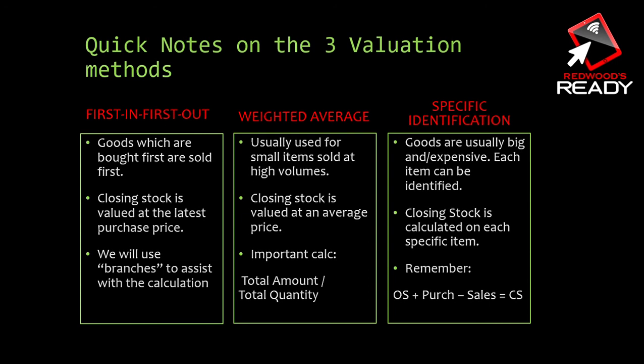Because surfboards are quite big and expensive, and also in a surf shop, they don't keep hundreds of them. They're probably only about 30 in stock at the time. Something like specific identification could be used. So closing stock is calculated on each specific item. And an important calculation to remember is opening stock plus purchases minus sales is equal to closing stock.